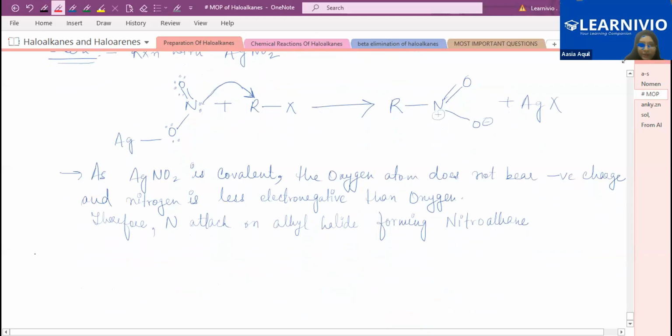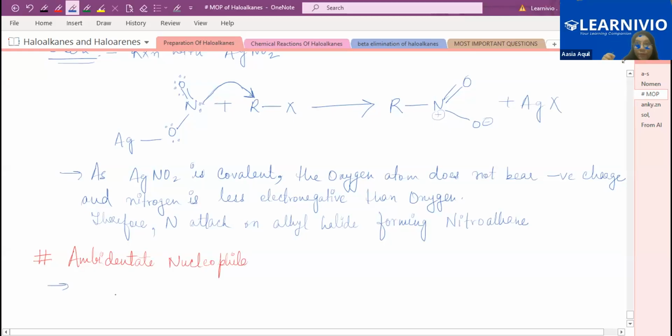If you want to write down the definition of ambidentate nucleophile, because sometimes in a 1 mark question they just ask you to define what is an ambidentate nucleophile and give examples. Okay, so write down the ambidentate nucleophile definition. So basically, what is an ambidentate nucleophile?